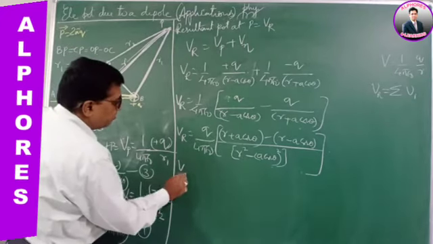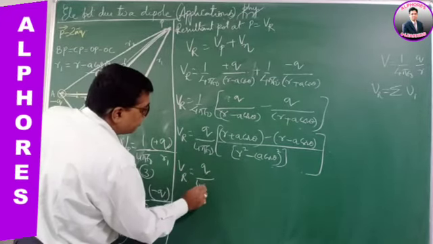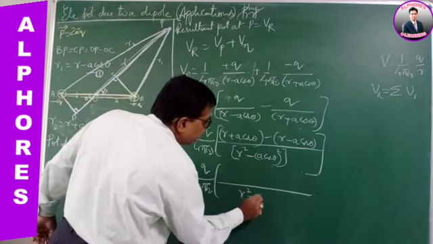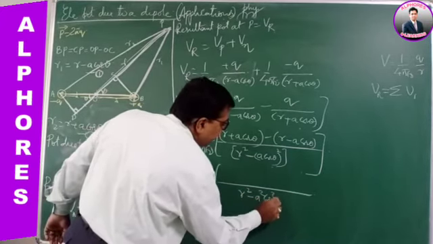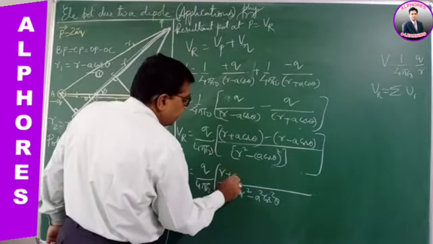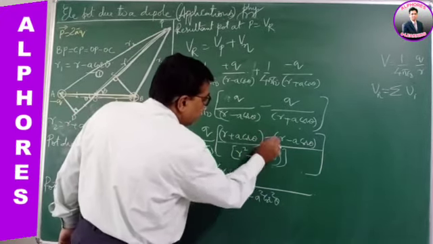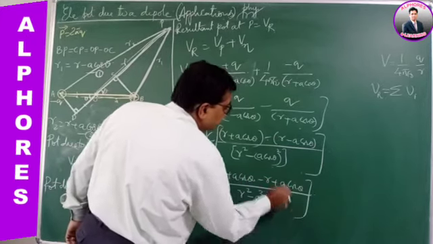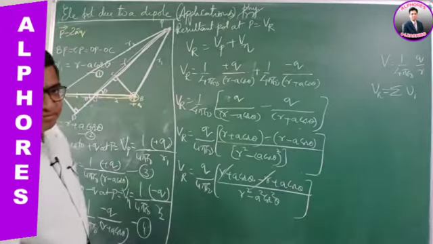So the resultant potential is Q by 4 pi epsilon naught. The denominator is R square minus A square cos square theta. And in the numerator if I simplify, it's R plus A cos theta minus R plus A cos theta, the R terms cancel.